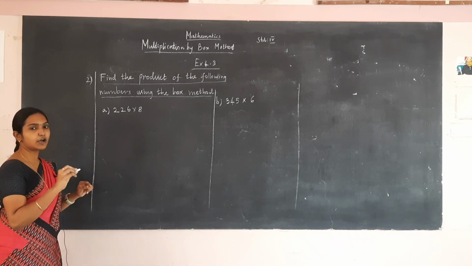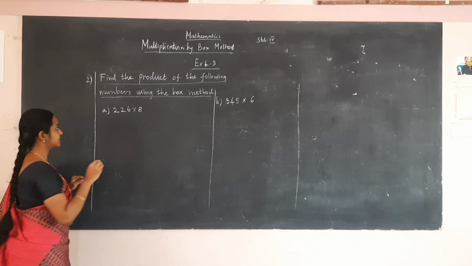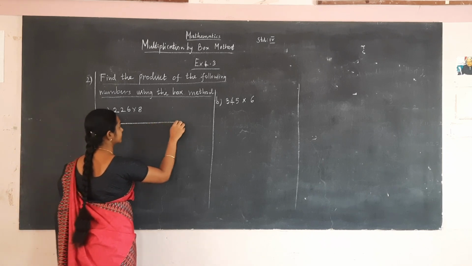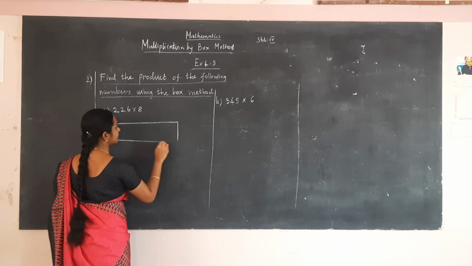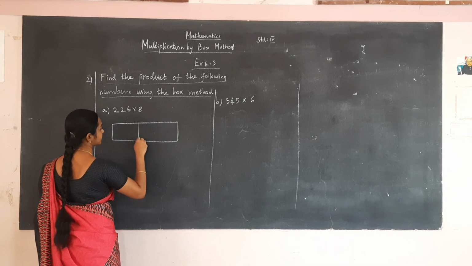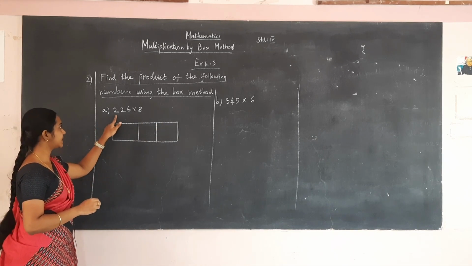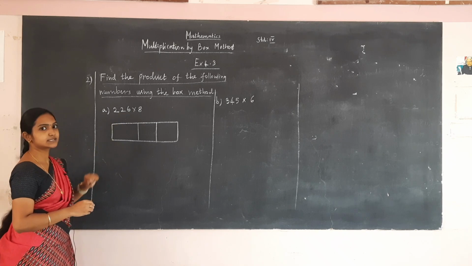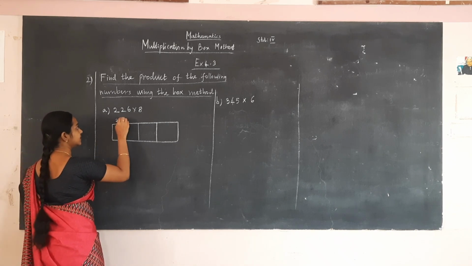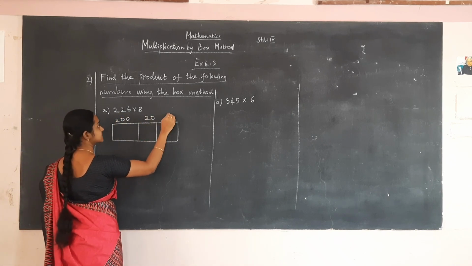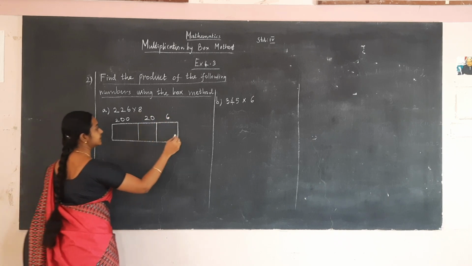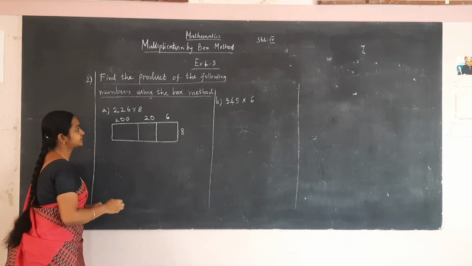So we have to draw a box which has 3 columns. Next we have to expand 226 as 220 and 6. We have to write 8 near the first box.